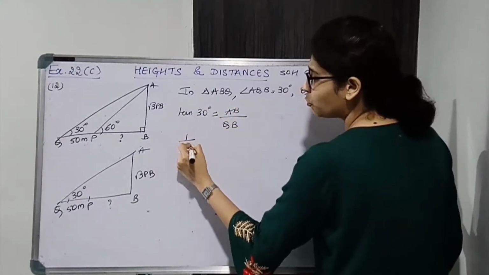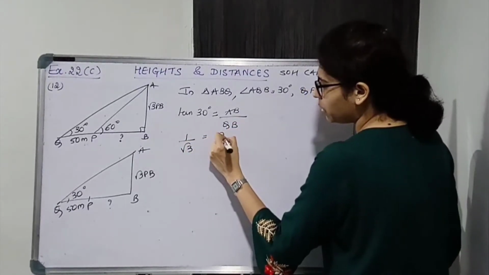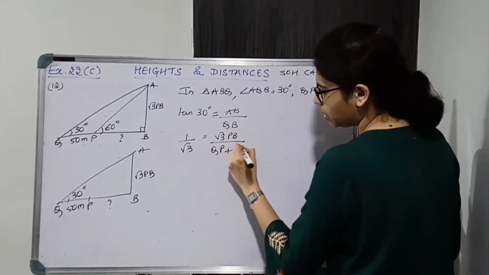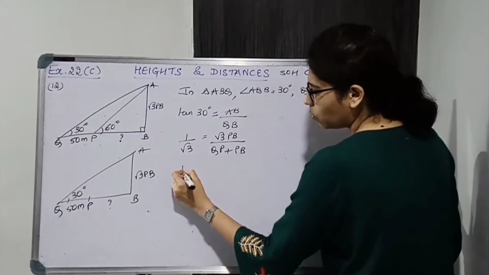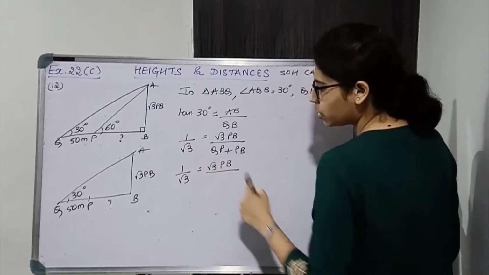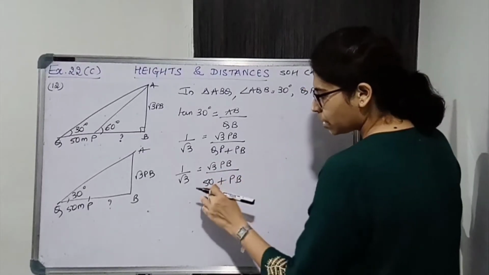Tan 30 is 1 upon √3, standard value का table. ठीक है, now AB is √3 PB, QB is QP plus PB. Now 1 upon √3 is equal to √3 PB upon QP, which is 50, plus PB as it is. Okay, now cross multiply.